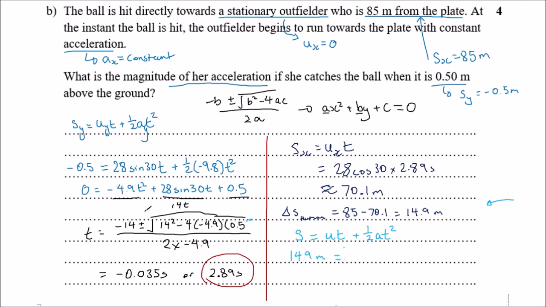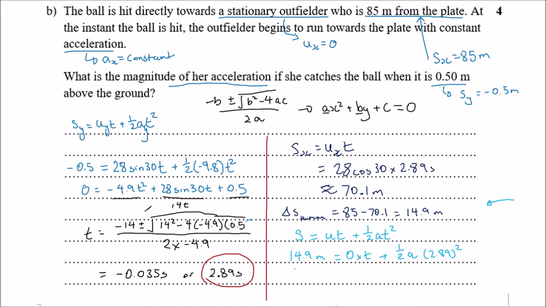Found it. So, in the question we said that the outfielder was originally stationary, so it's 0 times t, t being 2.89, plus half a, that's the acceleration we're trying to find, and 2.89 squared. Okay, so I'm just going to rearrange everything around.